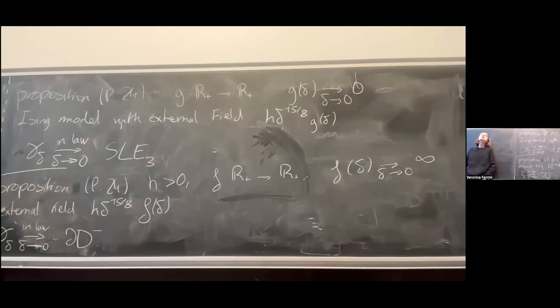You don't remember the massive SLE3 coming from the massive Ising model? For the moment, it hasn't been constructed. What they did, as far as I know, is for massive loop arrays on the lattice.